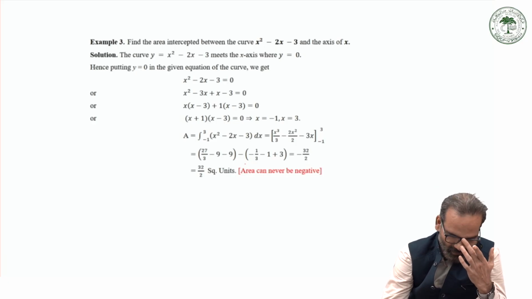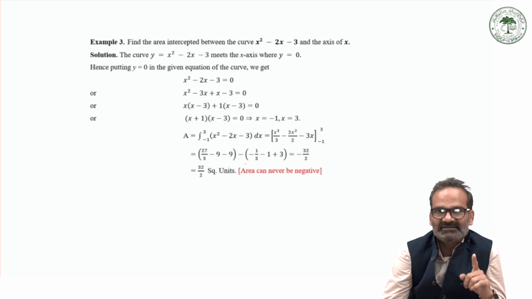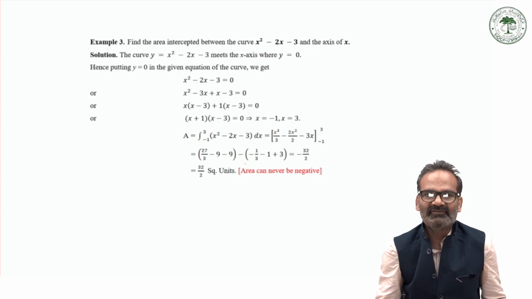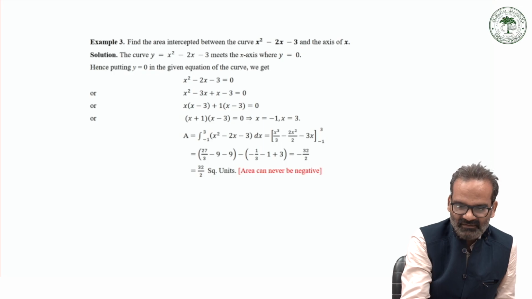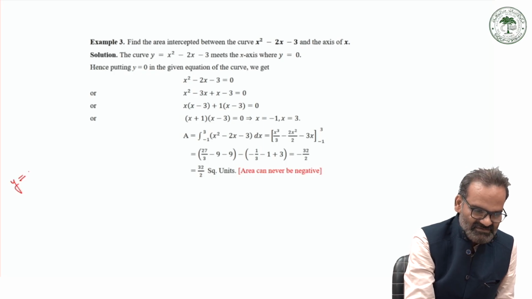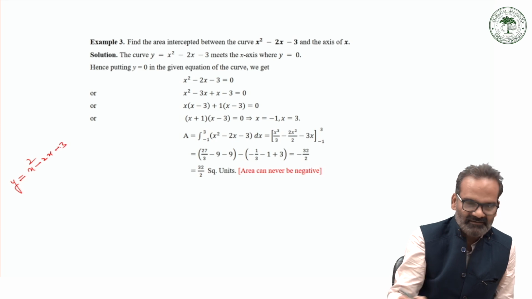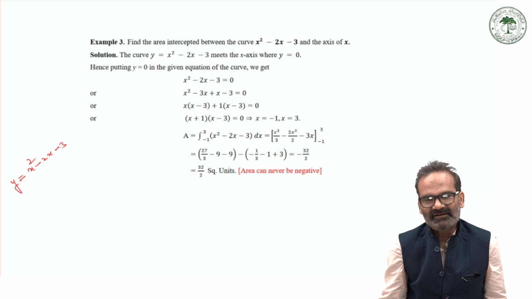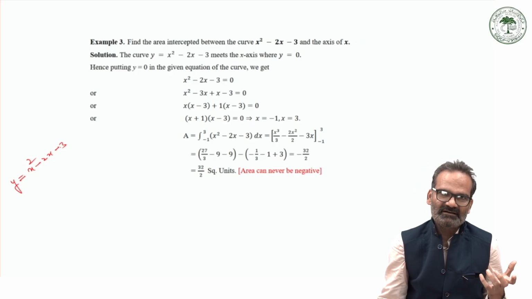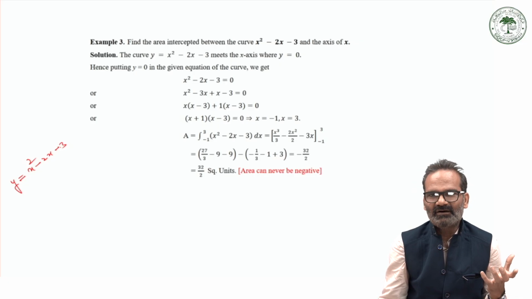So what is your objective? First, determine the ordinates for the given curve. So your curve is what? Your curve is y equals x square minus 2x minus 3. This is your given curve, right? What do you want to determine? You want to determine the ordinates. Ordinates are simply the values of x.